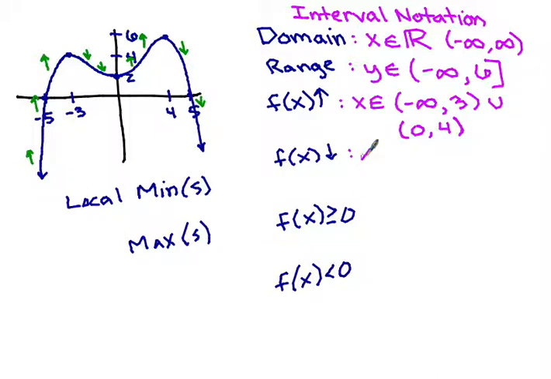So decreasing then would be from negative 3 to 0, unioned with 4 to infinity.